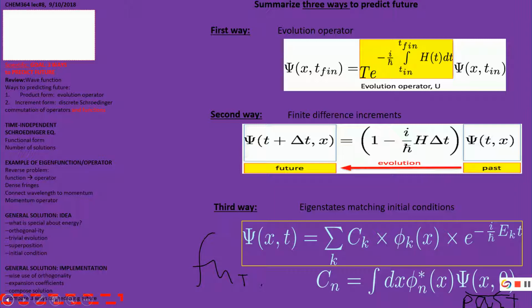And those phi, which depend only on position here and there, are eigenfunctions of the Hamiltonian. They are functions which are solutions of the Schrödinger equation. They are time independent, but they use the same set of indices, and there are more than one.